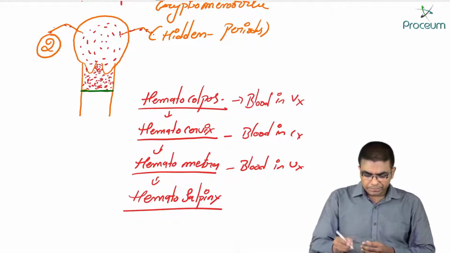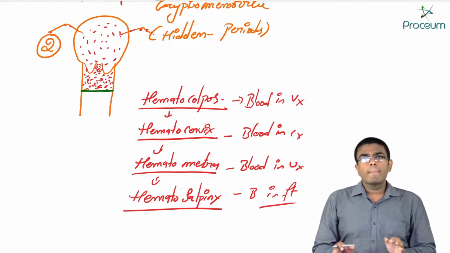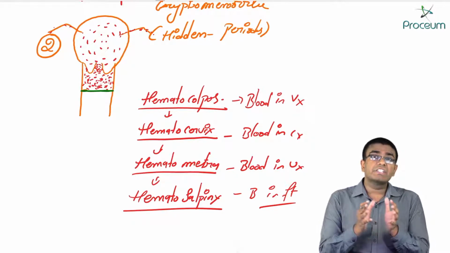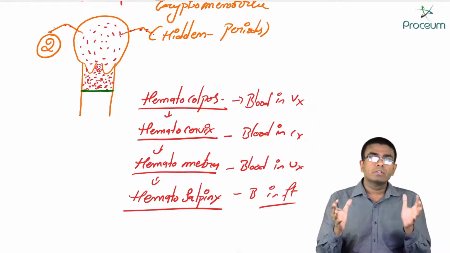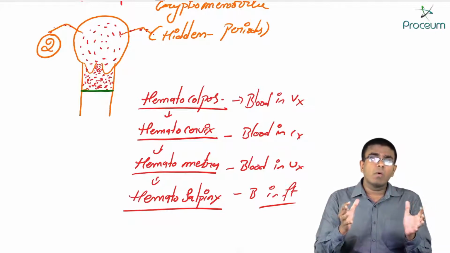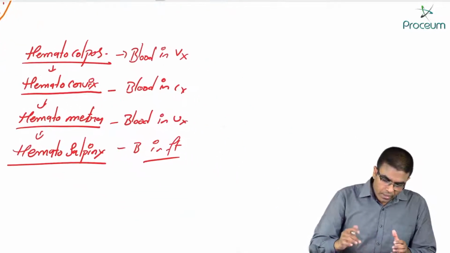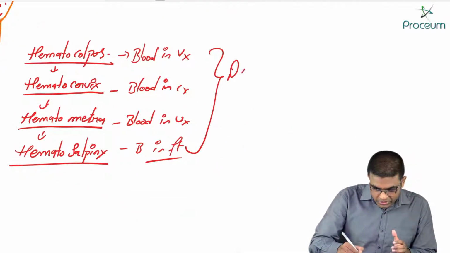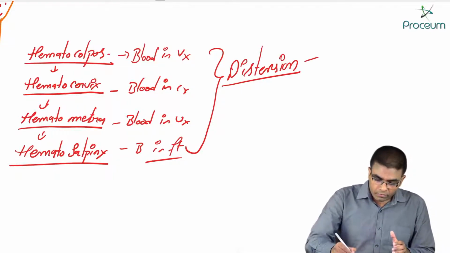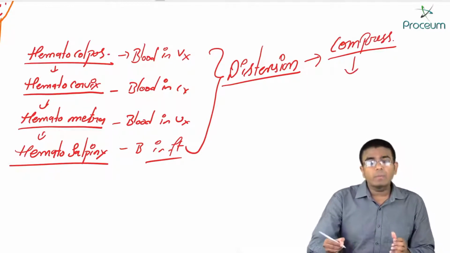Now guys, tell me, if the blood is accumulating, what happens? All these structures will get distended and bulged. So if the uterus, cervix, fallopian tubes and vagina are distending, they will compress the nearby structures. What are the nearby structures?